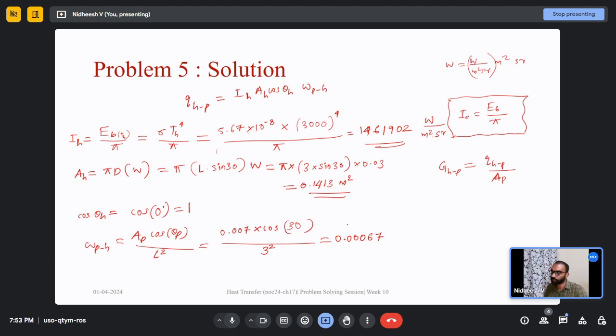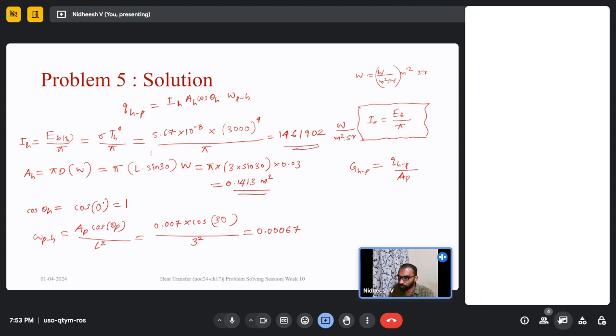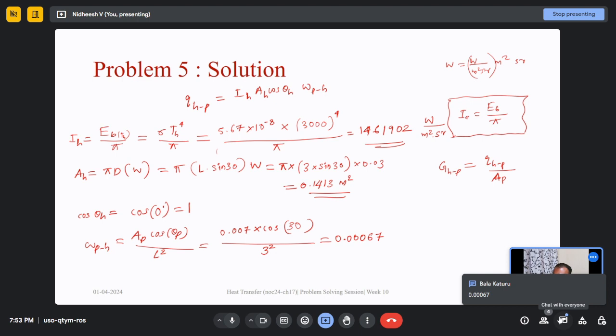Is this correct? Or is my calculation wrong? No, I think this is correct, right? 0.00067.